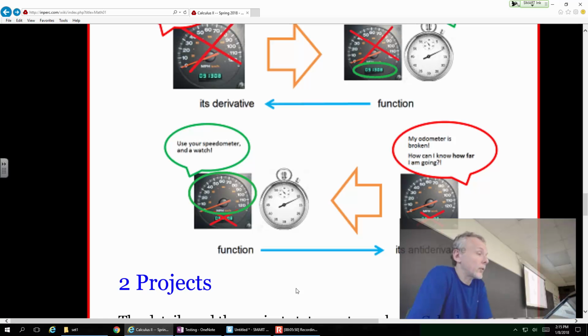You know the speed. The speedometer is working, but you want to know where you are. How do you do it? You pretty much integrate. You have your speedometer and a watch. How do you find your location?